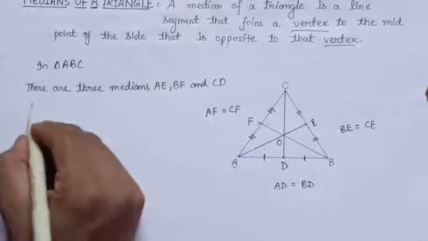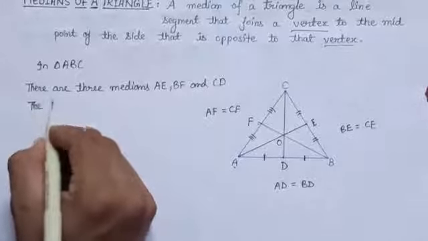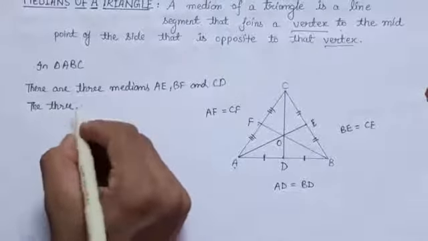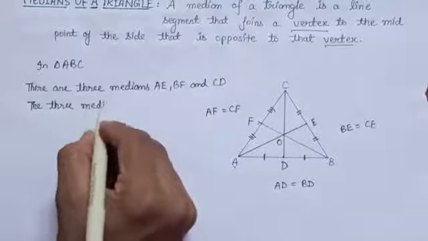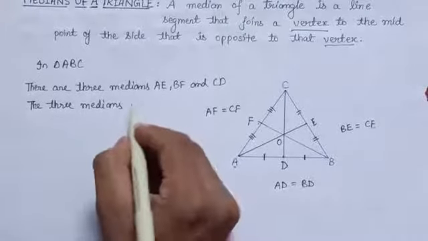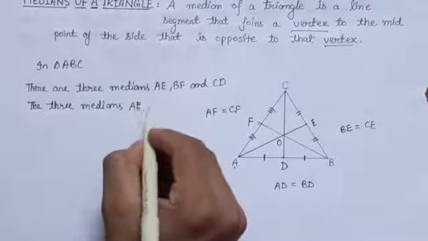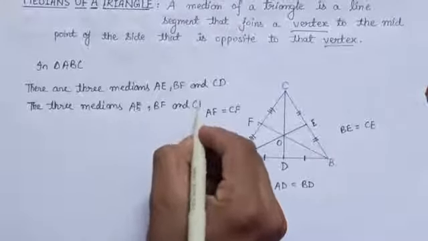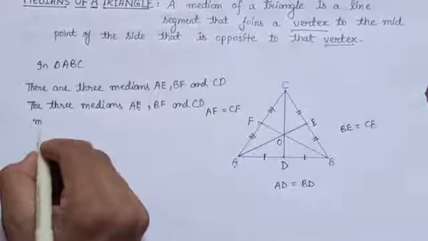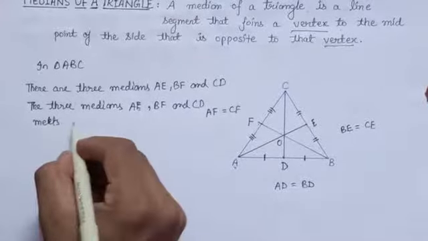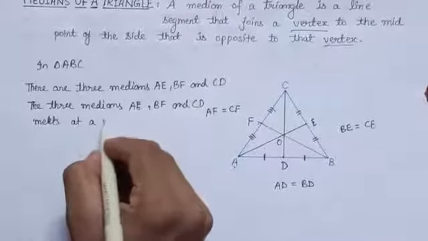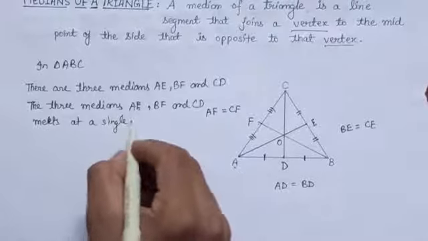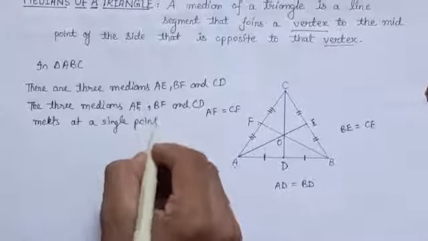So we can say the three medians AE, BF and CD meet at a single point O.